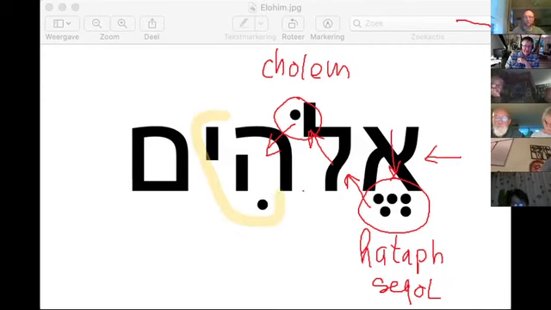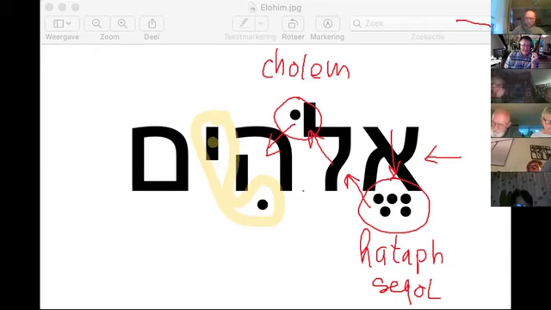You see over here that this is the Chirek Yud, because the Yud and the dot underneath the Hey are together. This is one vowel. So it's not a consonant, it's a vowel. Normally, the Yud is a vowel.